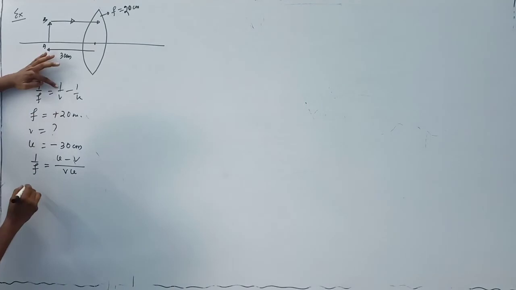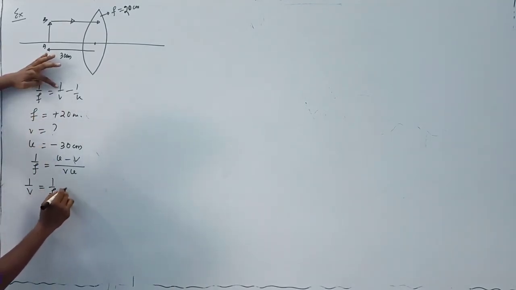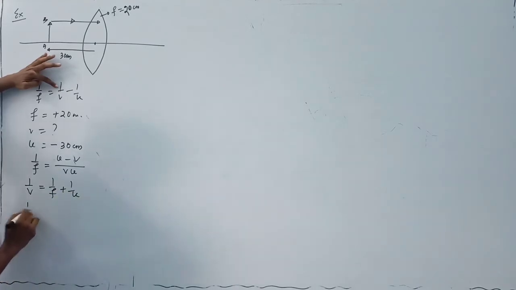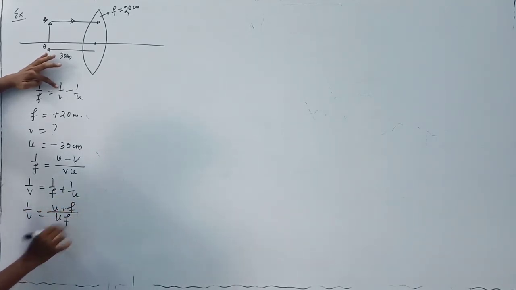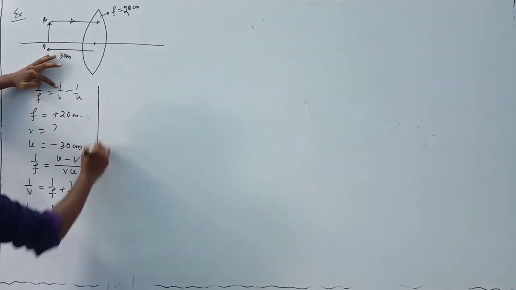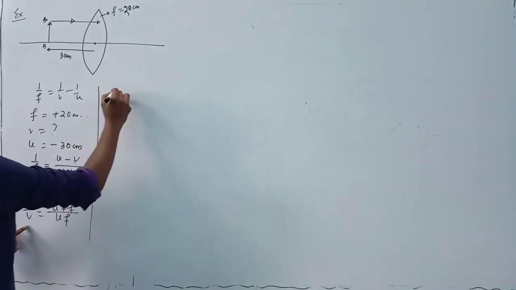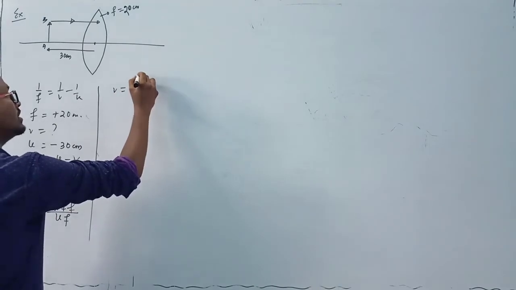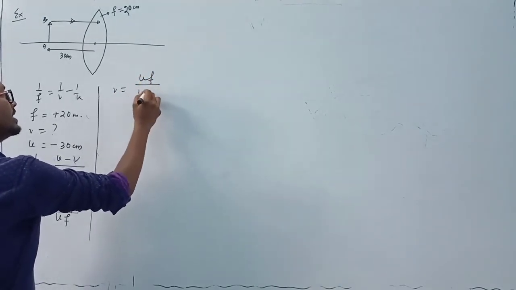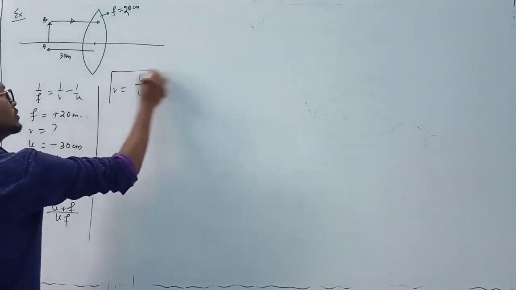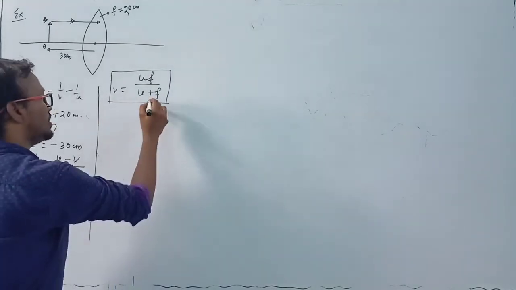So 1 by v equal to 1 by f plus 1 by u, that is 1 by v equal to (u plus f) by uf. Clear? And again v equal to uf divided by u plus f. So you have to directly use this formula with sign.